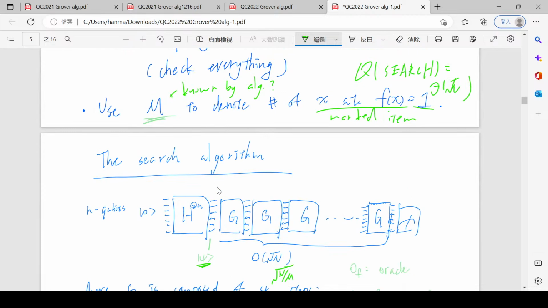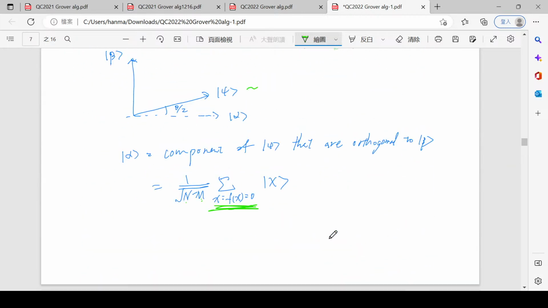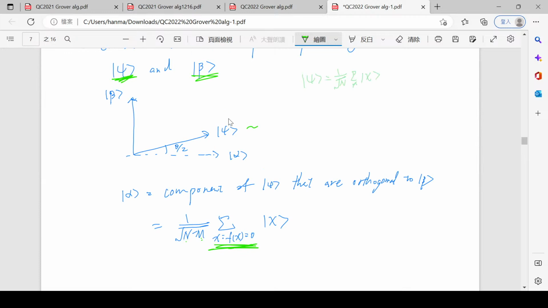Since this point, the algorithm never leaves this two-dimensional space until you do measurement, obviously. So we kind of start here. Getting our state here is the first thing we do. And then we'll keep doing two reflections, and we'll see that those two reflections don't take things outside of this plane. They will make everything inside this plane go back to things inside this plane.